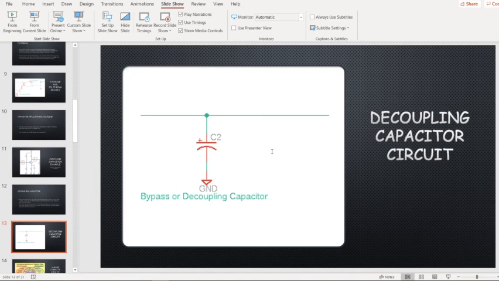And the reason that you put it there is essentially local filtering, so that you can control the amount of noise or ripple that's going to a specific part of your circuit. And they're seen very, very commonly in computers, but not very visibly anymore.